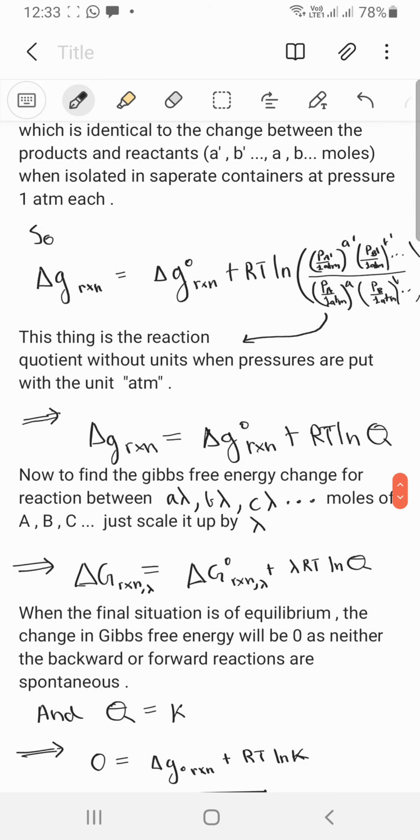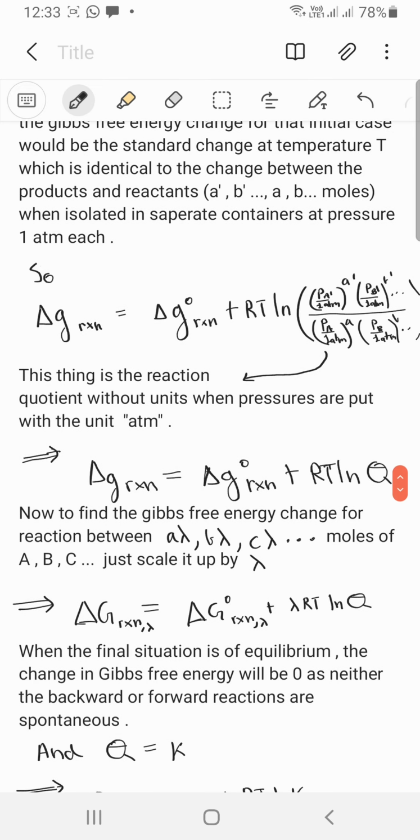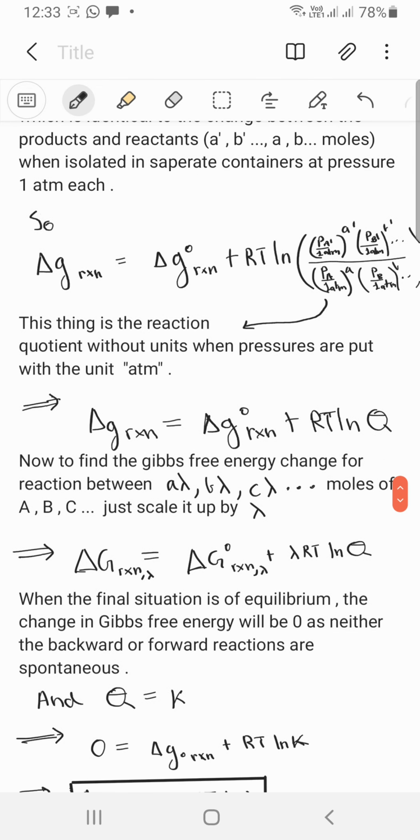So we can write delta G reaction as delta G standard of this reaction plus RT natural log of PA dash upon 1 atmosphere to the power of small a dash, PB dash upon 1 atmosphere to the power of small b dash, and so on upon PA upon 1 atmosphere to the power of a, PB upon 1 atmosphere to the power of b, and so on.